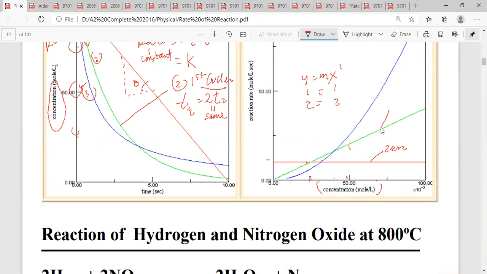And this exponential graph here is second order, where y equals mx squared. If x increases by 2 and m is 2, this is 4. If by 3, then 3 squared is 9. We'll see that afterwards.